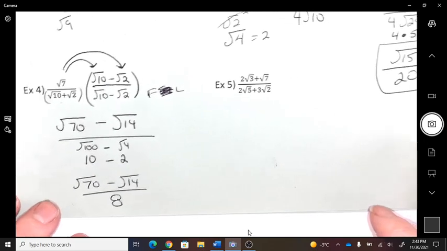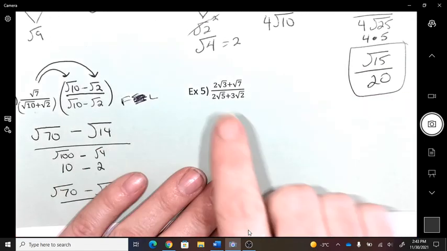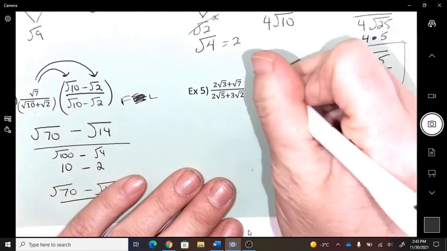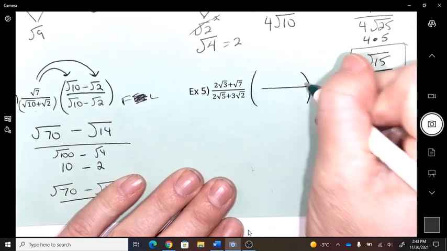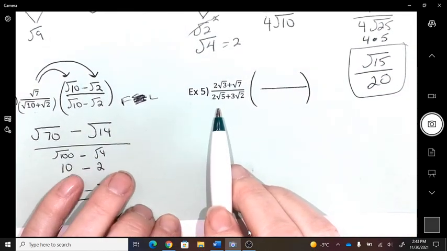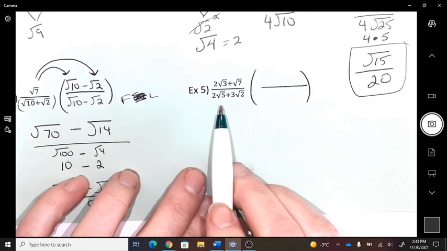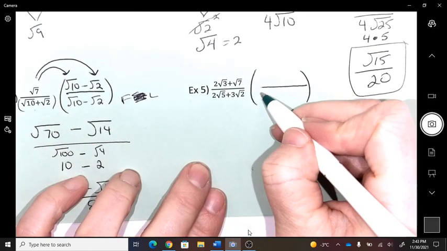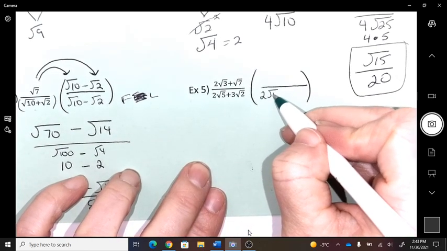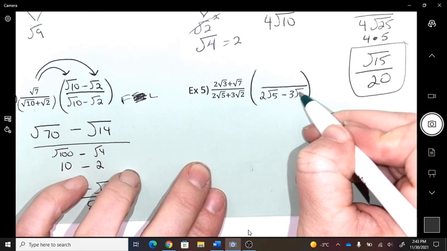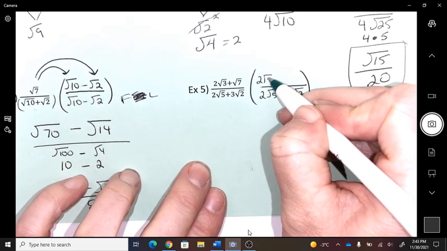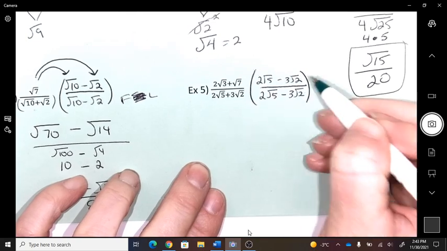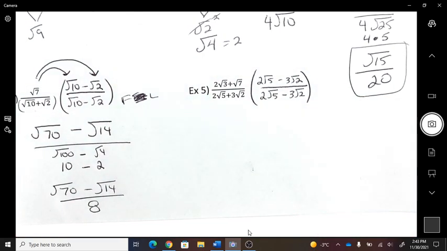Okay, number 5. So this is a binomial bottom. What is the conjugate of that? 2 root 5 subtract 3 root 2. So repeat it, but make sure your sign changes.